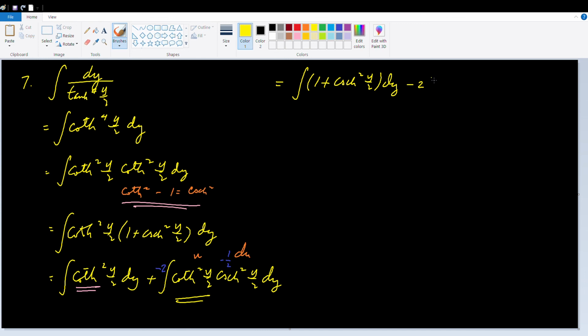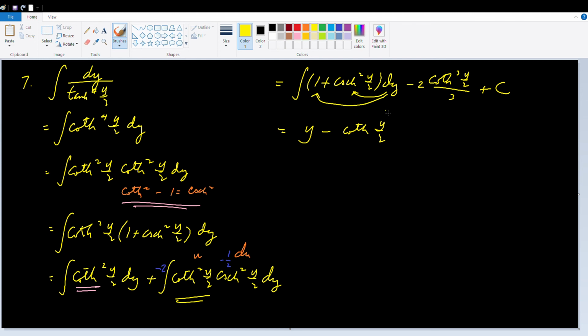Hyperbolic cotangent squared becomes hyperbolic cotangent cubed, y over 2, over 3, plus c. So we still have to evaluate dy, which is y, and hyperbolic cosecant squared is the negative derivative of hyperbolic cotangent y over 2, but the derivative of y over 2 is 1/2.